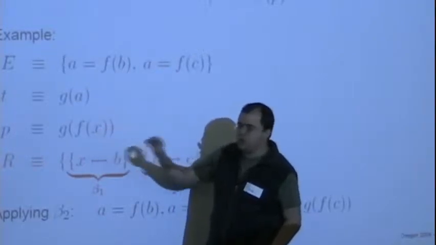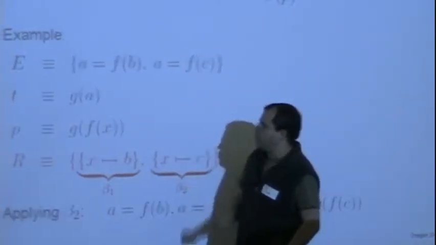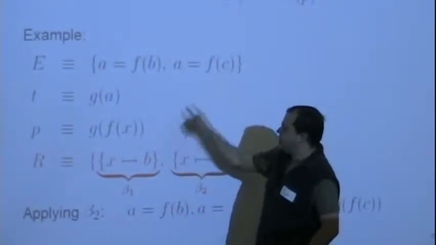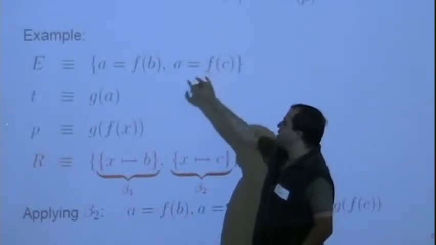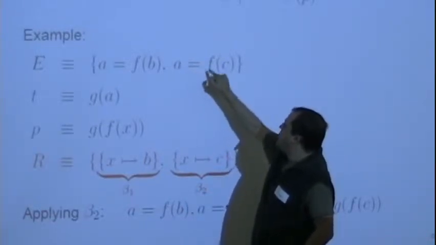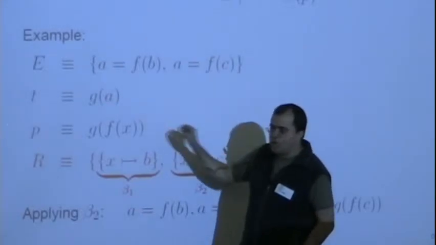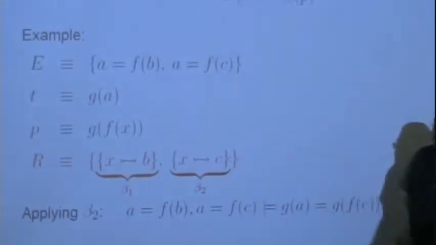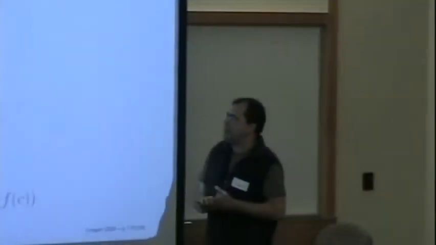You're going to get one solution, x equals b, right? But you miss the x equals c solution. Now you can say, oh, let me substitute a with f of c, right? Now you get only x equals c, you miss the x equals b solution, right? In this way, applying substitution and using standard matching is not the same thing as using matching, right?